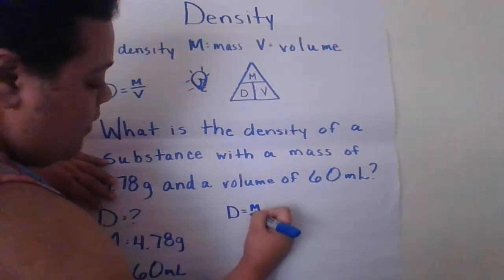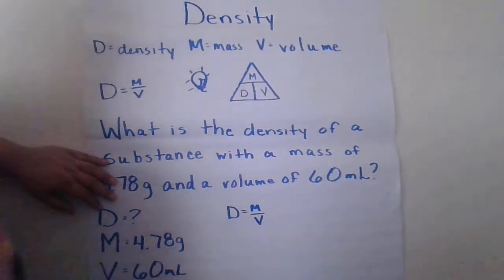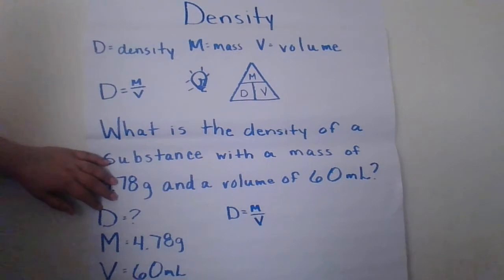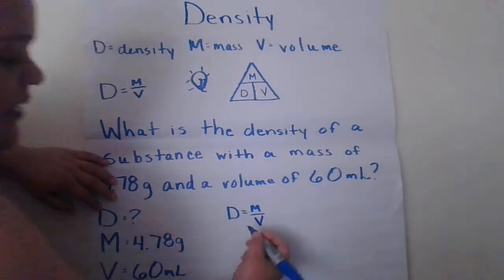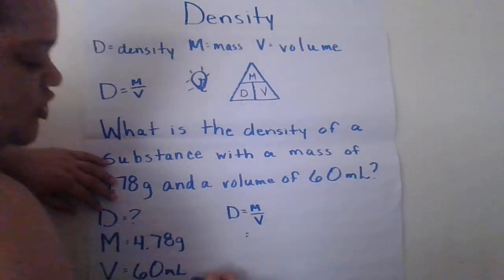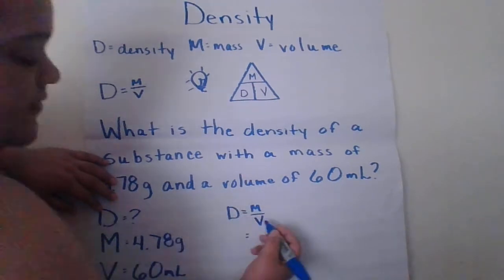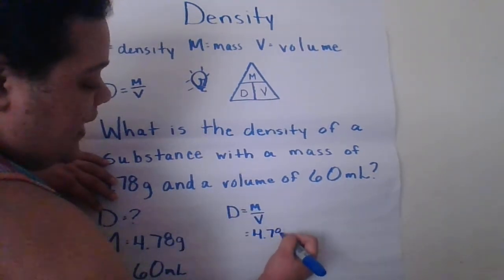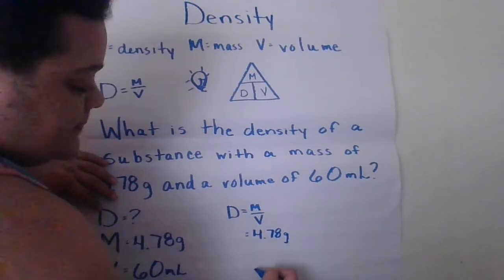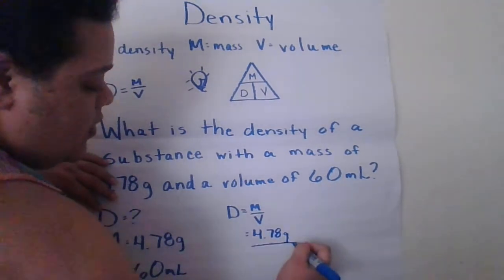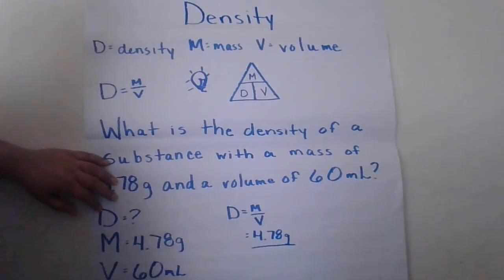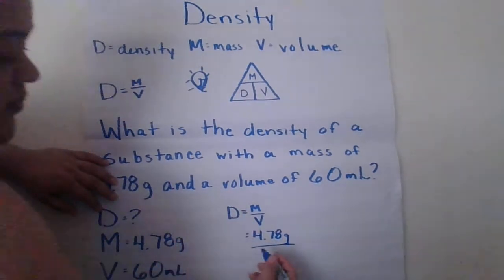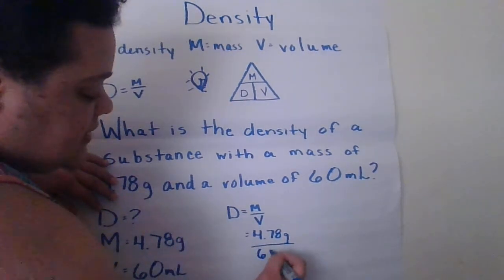Always start by writing your base formula so that you remember what you are solving with, and then what we call plug and chug. So we can go ahead and fill in for our M, which is 4.78 grams. We could then place our division sign and place our volume figures, which would be 60 mLs.